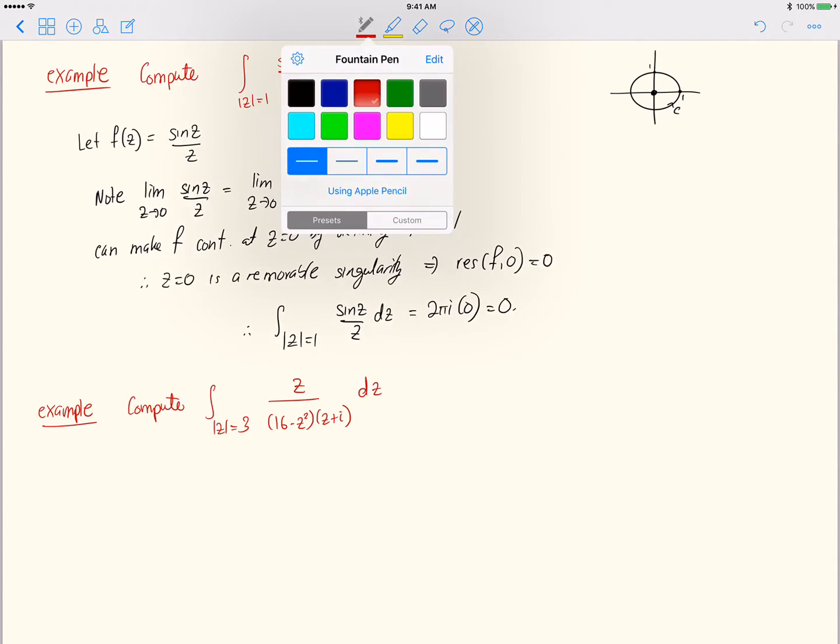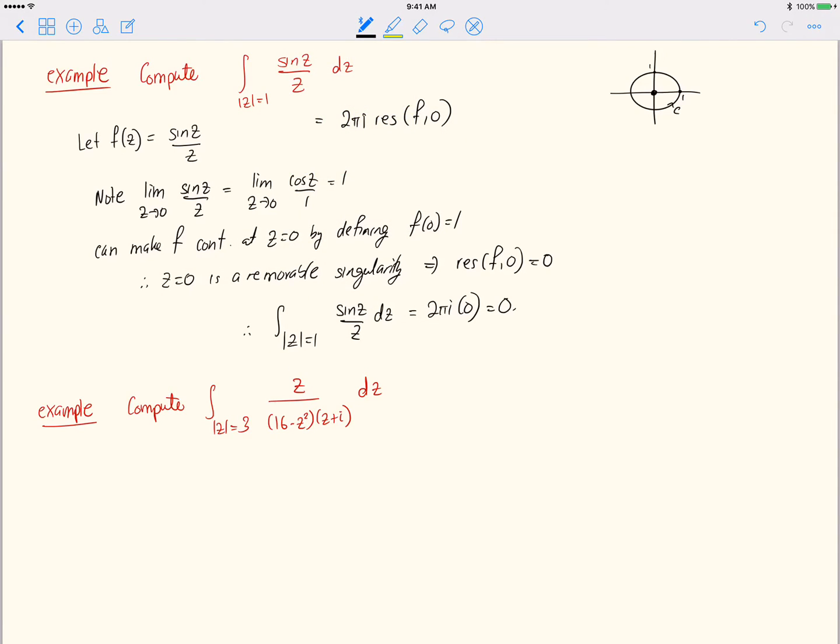Okay, so where is this function going to have singularities? When the denominator equals 0, and that's going to be when z equals negative i or plus or minus 4. So let's draw those points on the complex plane. So I have z equals negative i, which will be somewhere here, and 4 and negative 4.